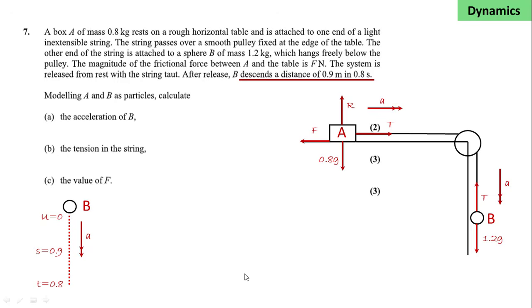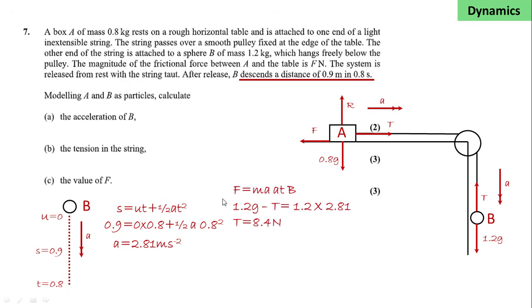The acceleration is a. So we use s equals ut plus a half at squared. We get 0.9 equals 0 times 0.8 plus a half a times 0.8 squared. From this we calculate that a equals 2.81 meters per second squared.